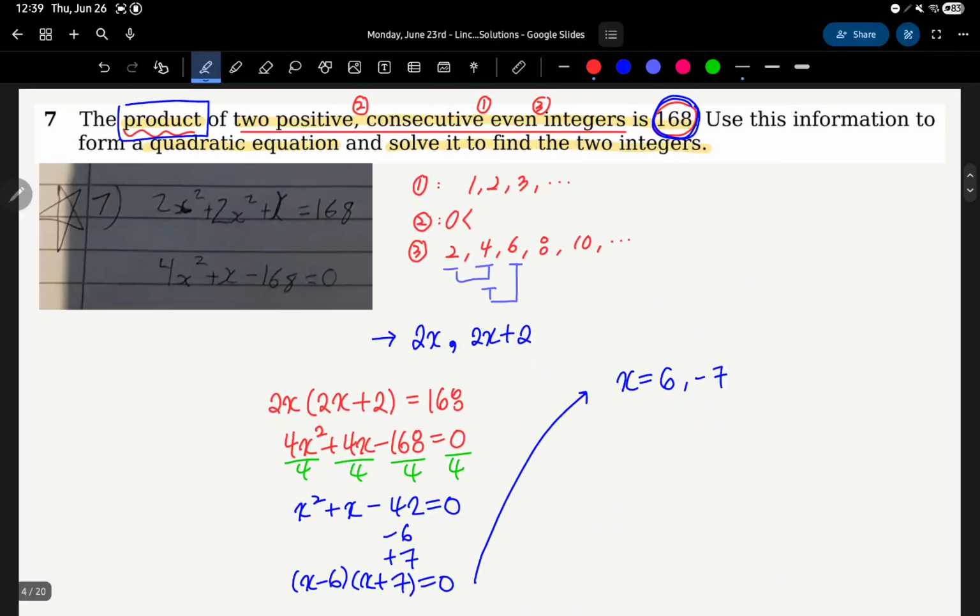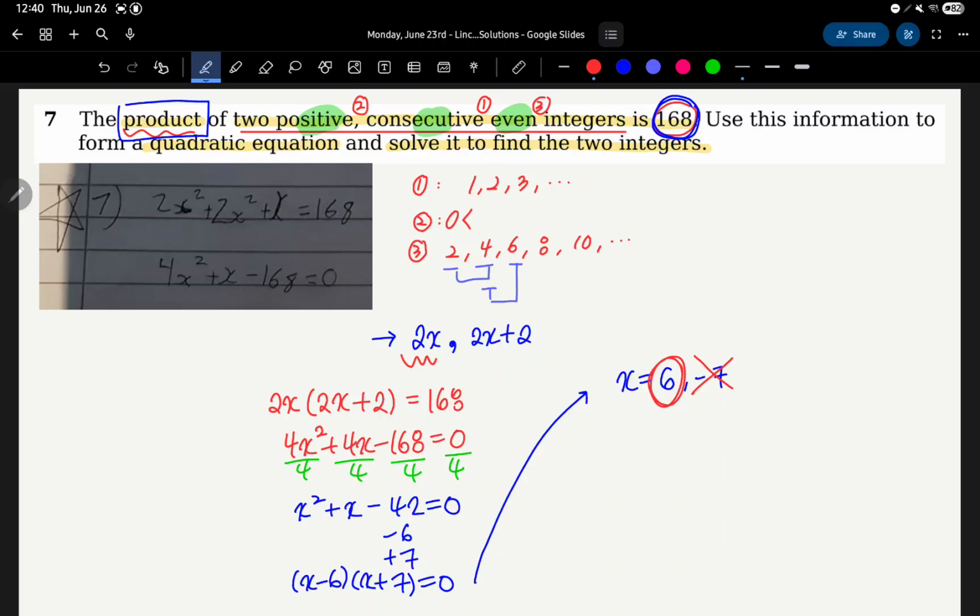What was one of the conditions? It said that it's got to be even, positive and consecutive. Remember, the x we're looking at is part of the first integer, so it needs to be positive. That automatically cancels out minus 7. So we're starting with 6.